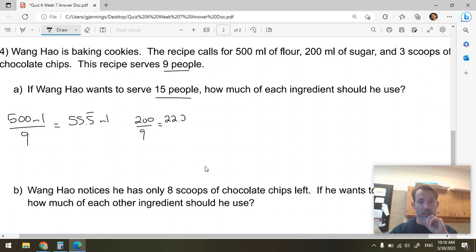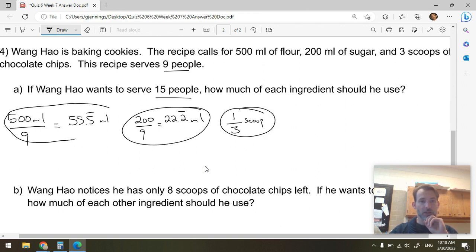Oh, very interesting. And then 3 scoops divided by 9. So that's 1/3 scoop per person. So these numbers, this is the sugar, this is the flour, and then 1/3 scoop of chocolate chips per serving.